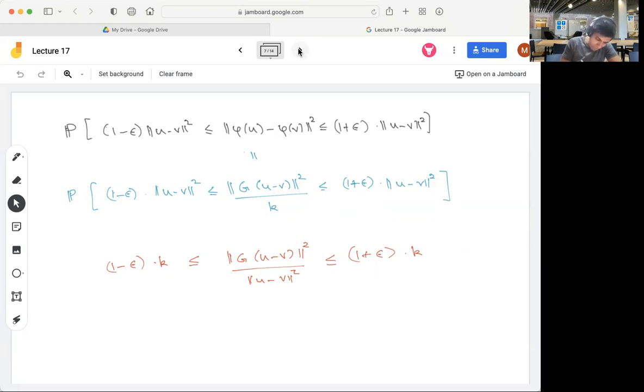In fact, let's take u minus v inside. So let's say we define w to be u minus v divided by the norm of u minus v. So in particular, w is a unit vector. It's a fixed but arbitrary unit vector. And so then we are trying to look at a statement of the form 1 minus epsilon times k is less than or equal to the norm of G times w.